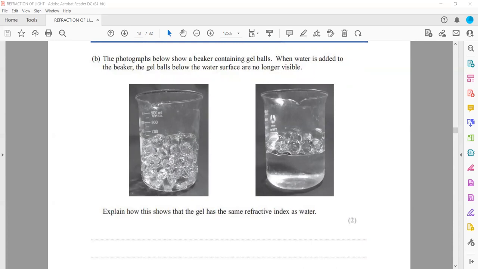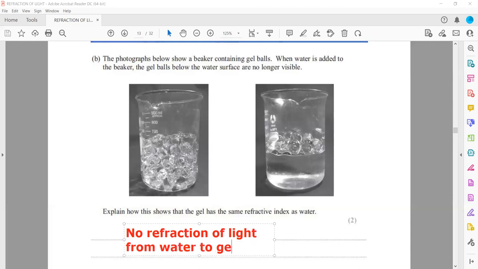There is no change in direction of the light, or there is no refraction. That's why. Otherwise, what might happen if the gel balls had a different density than water? Then there should be a refraction of the light, or the light should change direction. But because they have similar densities, there is no refraction of light from water to gel balls.